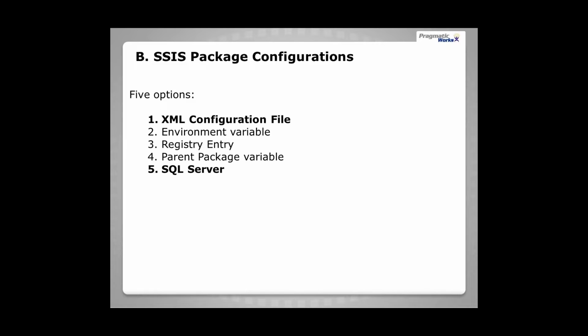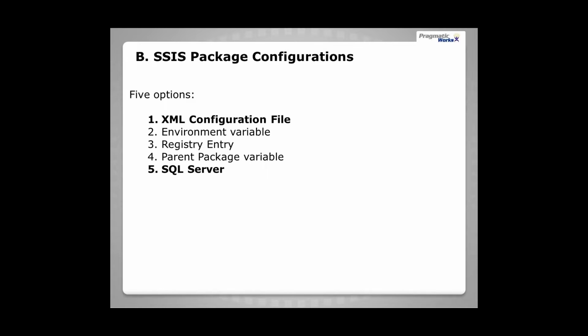Registry entries, I have never seen an implementation, because a lot of people don't like to mess with the registry, and you can break things. It's also a little bit harder to implement because you have to deploy all these changes to different registries throughout your different servers.